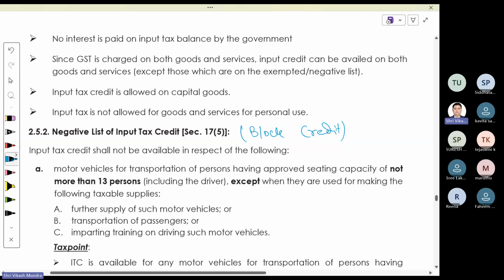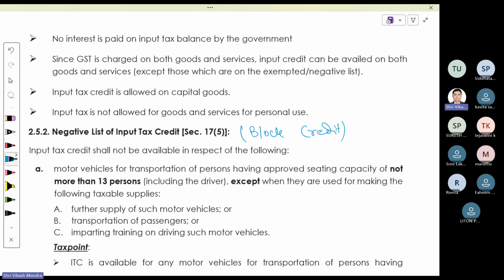In any circumstances, we will not grant ITC if the transaction is covered in this negative list, covered under section 17(5). Even though all required conditions are fulfilled, if transactions are relating to this listed item, then ITC will not be available to you.